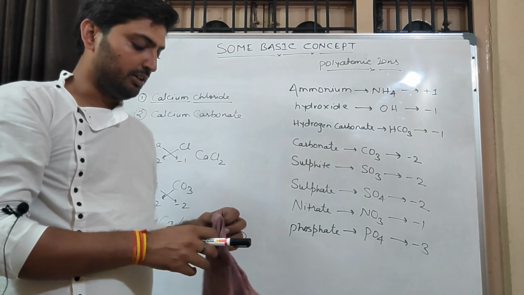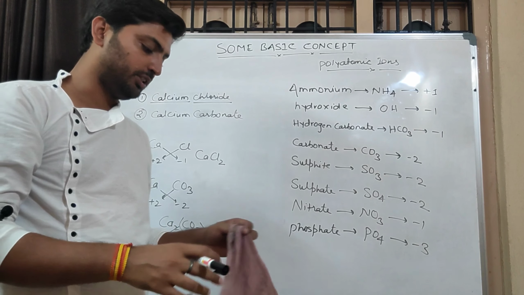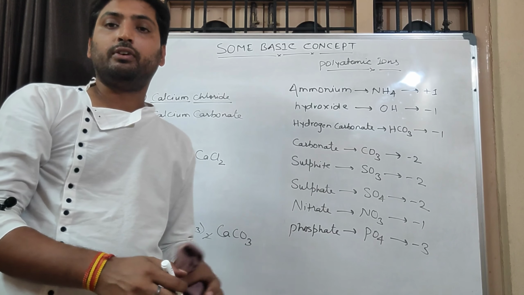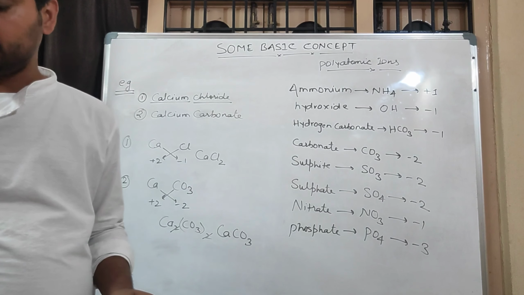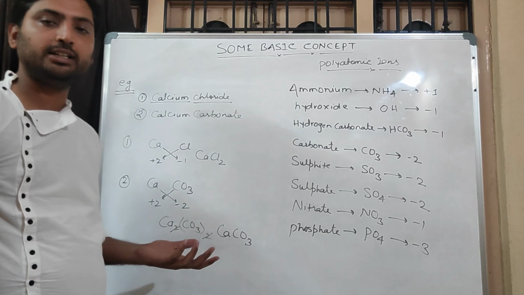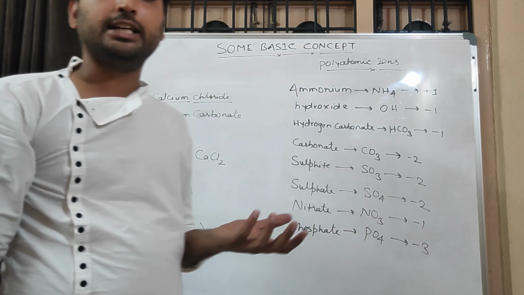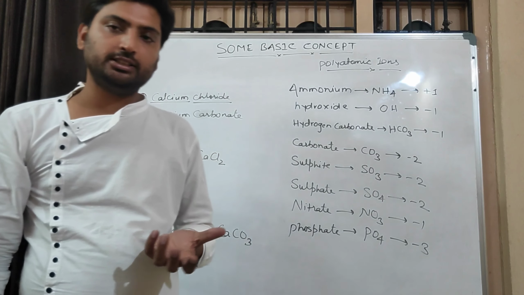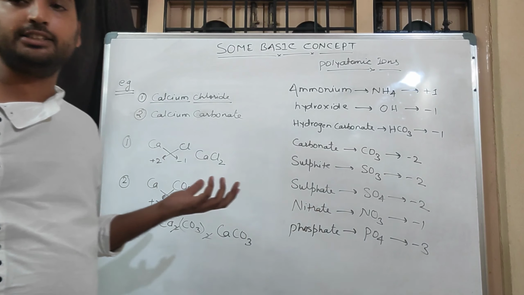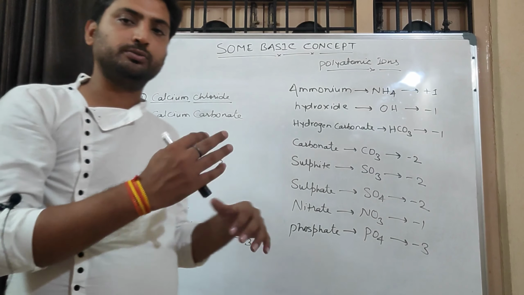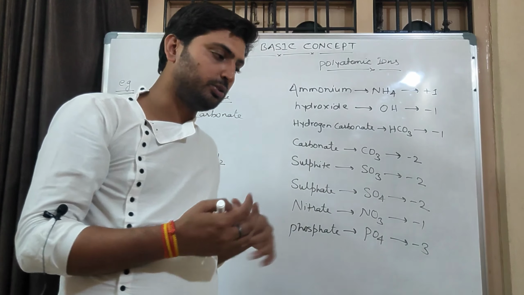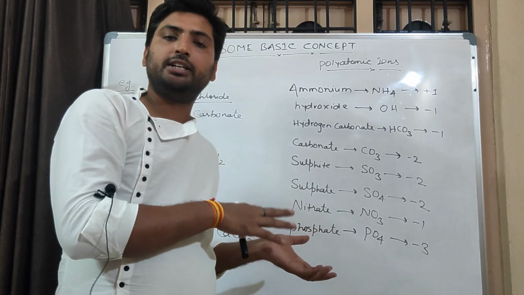So we have discussed in this class electronic configuration, valence electrons, valency. How to find the valency? How we write the valency as +1, -1, +2, -2 is due to the formation of charge by transfer of electrons, from metal to non-metal.